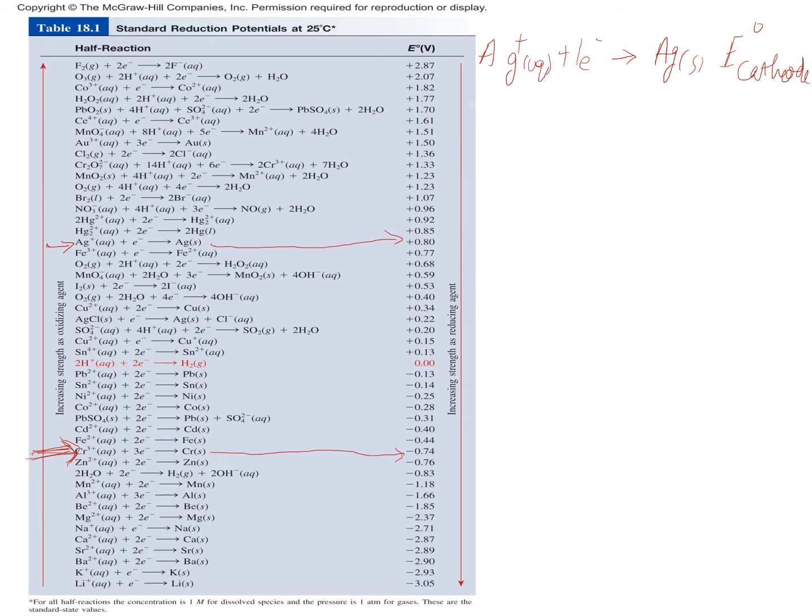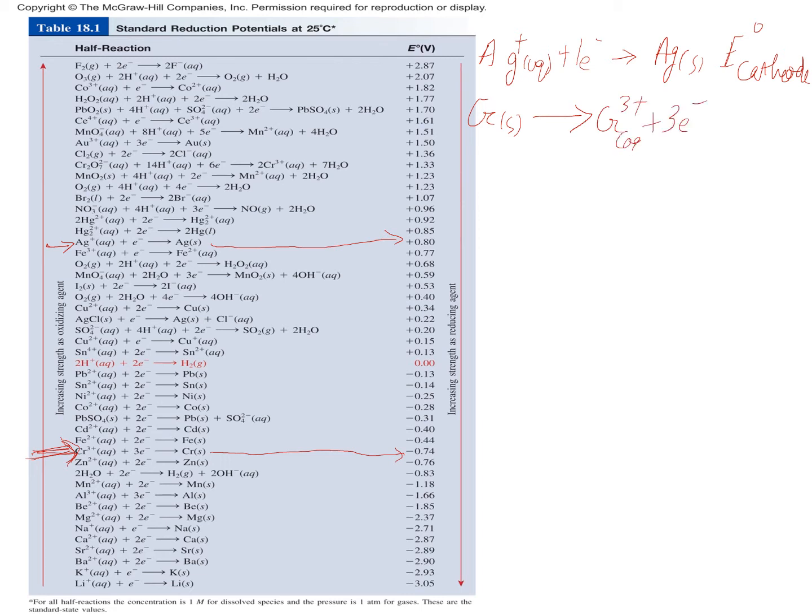Next, I need my oxidation reaction. Whatever is at the bottom will be reversed. So let's reverse that. That would be Cr solid, sorry, let me erase that. So this is Cr solid. We are reversing the reaction, it is getting converted to Cr3+ plus 3 electrons.